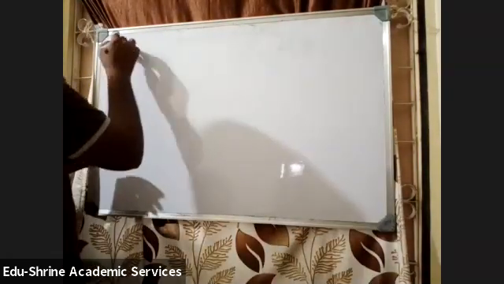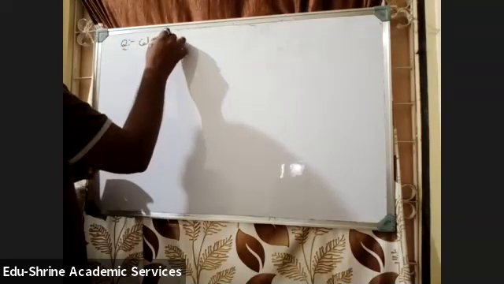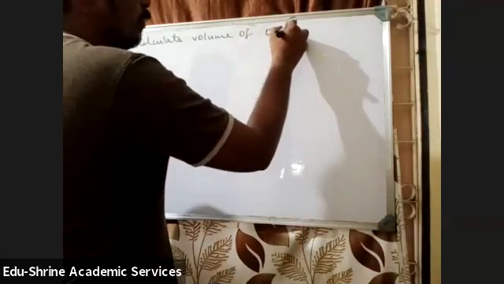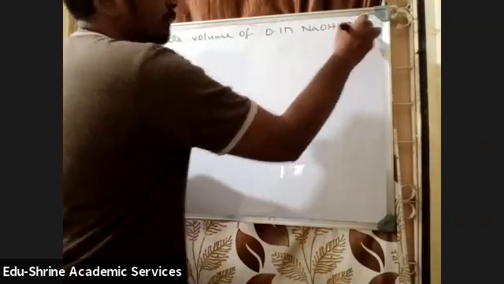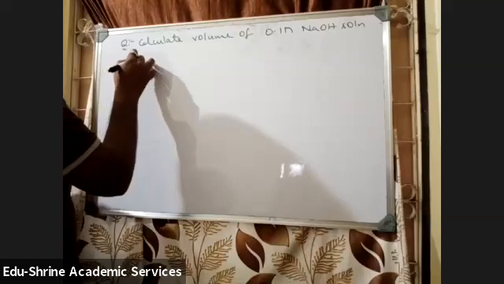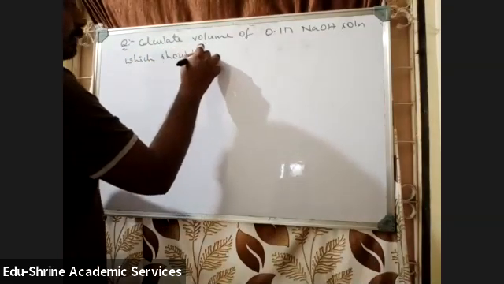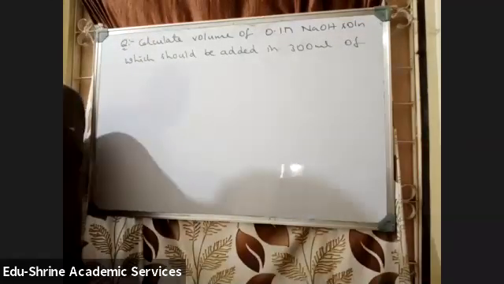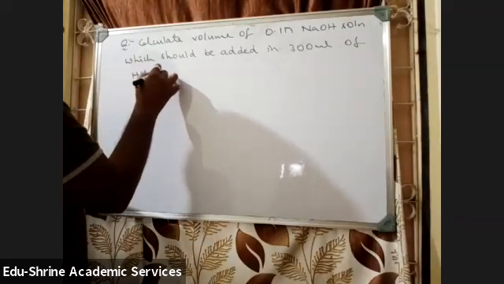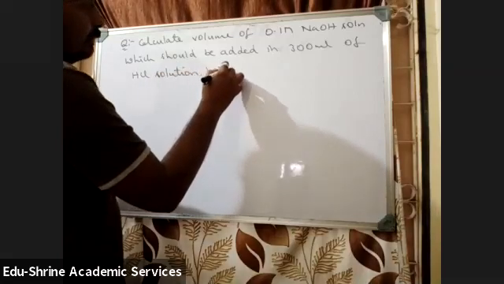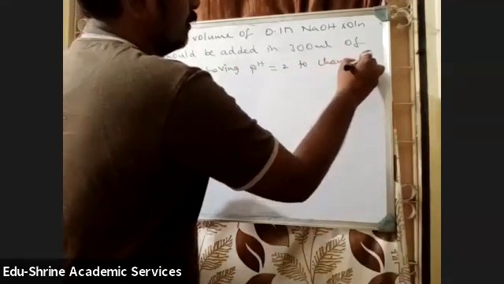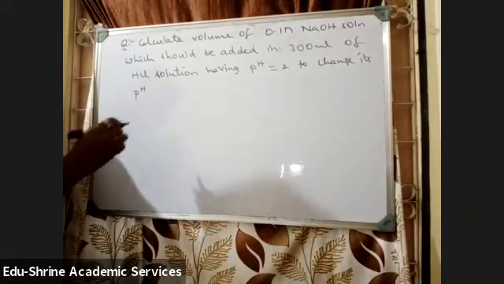One more question, students. Question is, calculate volume of 0.1 molar NaOH solution, which should be added in 300 ml of HCl solution having pH equal to 2, to change its pH by 2 units.